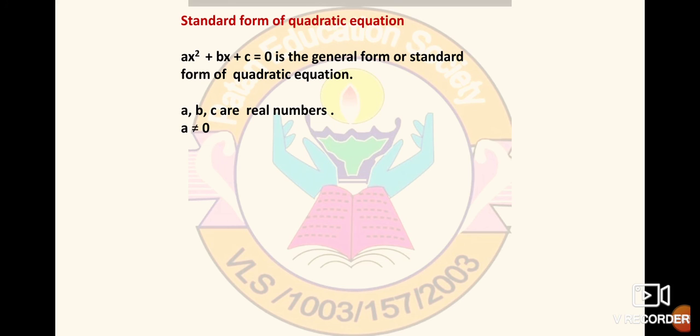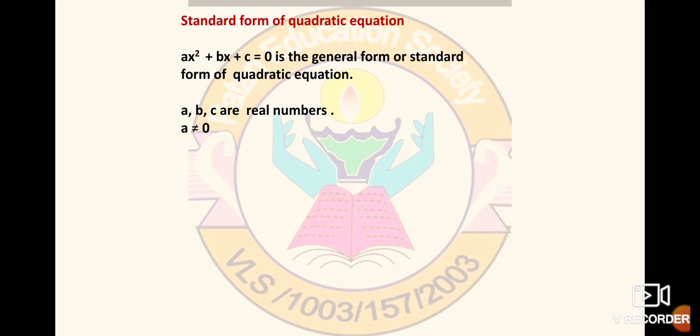Bx plus c. Means the equation will get diverted to a linear equation, not a quadratic equation. So it is suggested that you always take the value of a as a non-zero number.